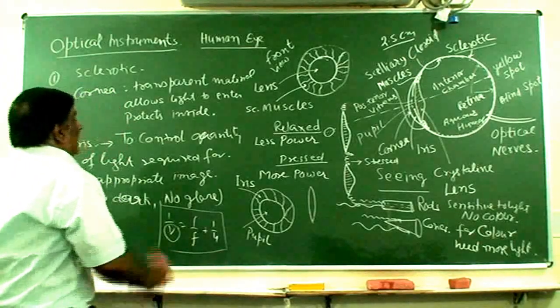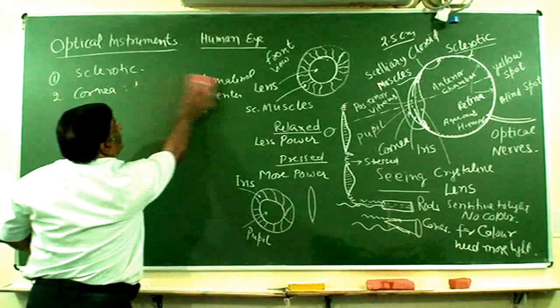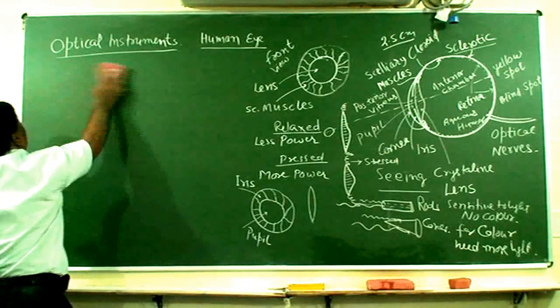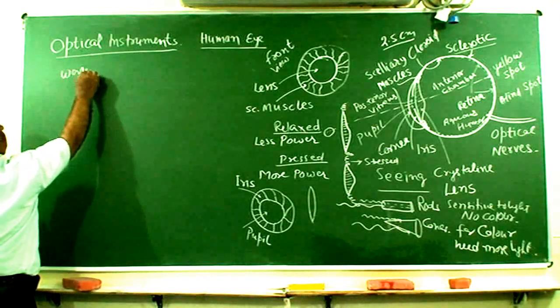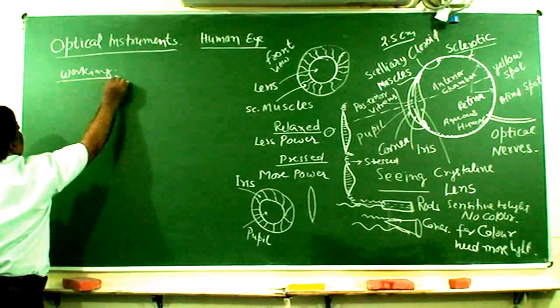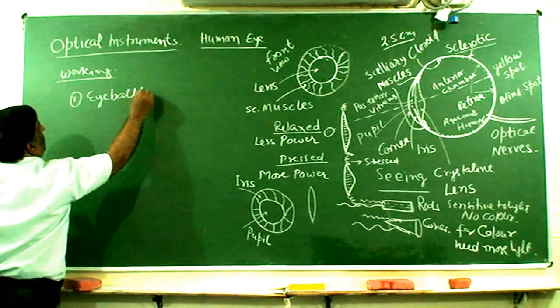The eye has got to deal with the light, and there are many actions the eyeball and the eyes all together can do. So, working: the eyeball can be rotated.